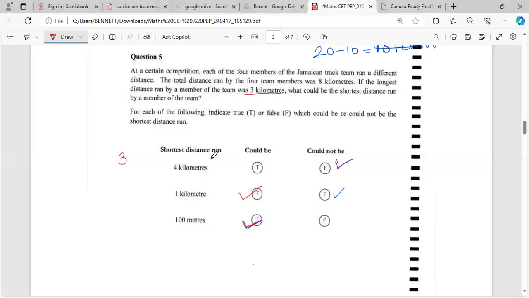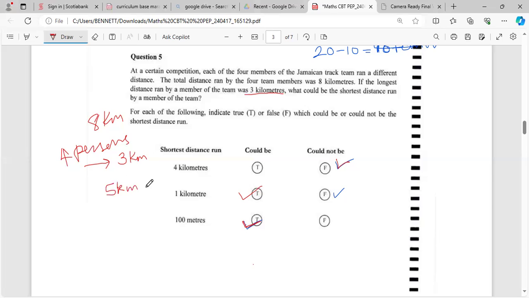So the maximum is 8, that's the total. If the person who ran the longest distance ran 3 kilometers, remember it's 4 persons, right? You have to reason it out, guys. So if the person who ran the longest distance ran 3 kilometers, that means you have 5 kilometers to share between 3 persons.